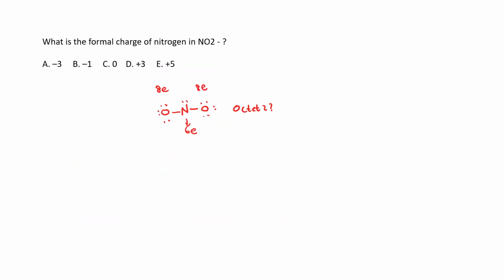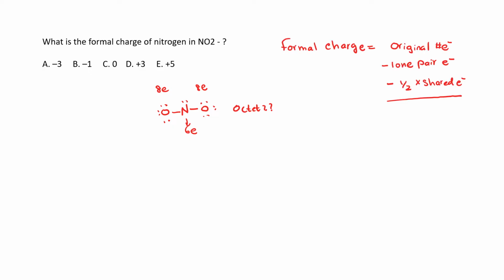What is the formal charge of nitrogen in NO2 minus ion? So first, let's remind two things. How do you calculate a formal charge? Formal charge equals the original number of electrons minus lone pair electrons minus half of your shared electrons.